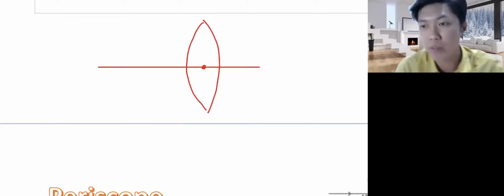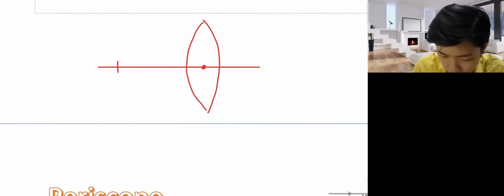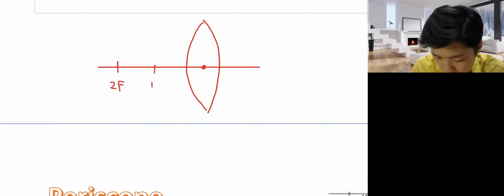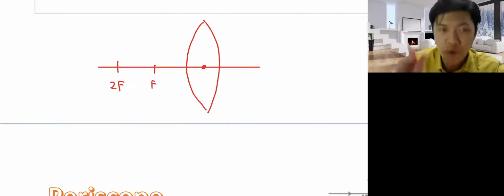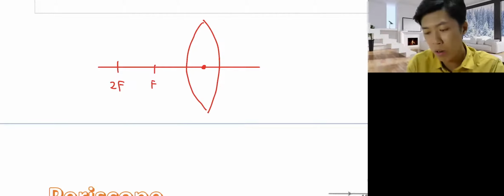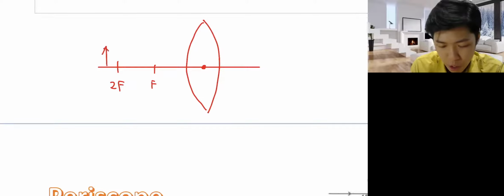Okay, convex lens, right? We have 2F, F, okay? So we have 5 possibilities. Let's combine all of them together in one place. So you have more than 2F.